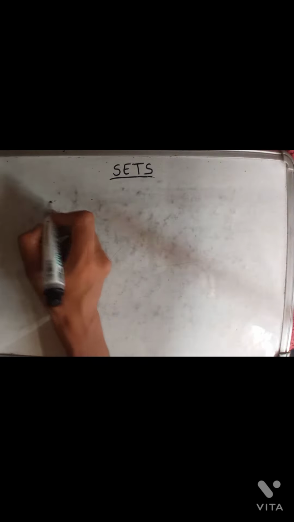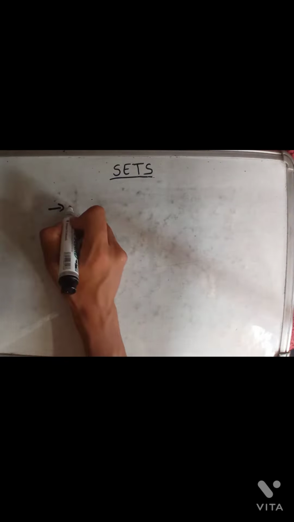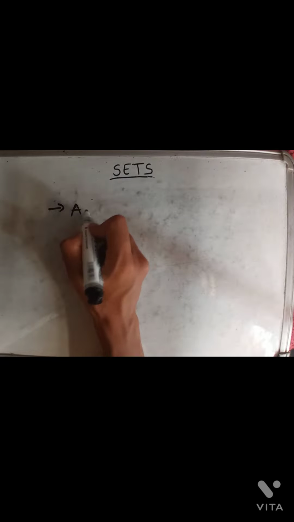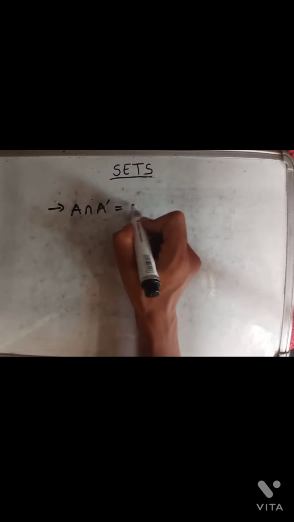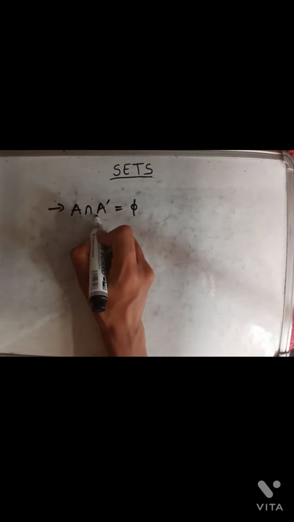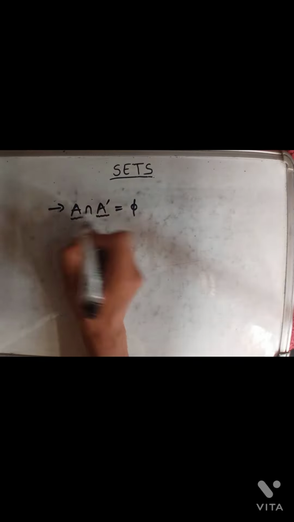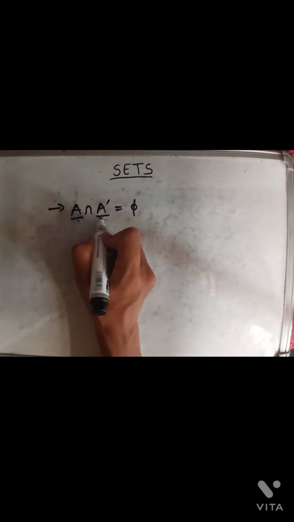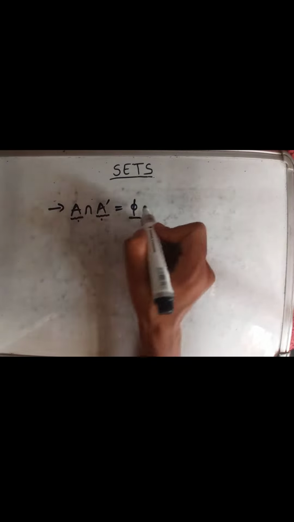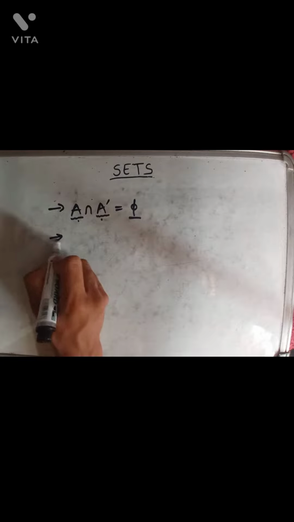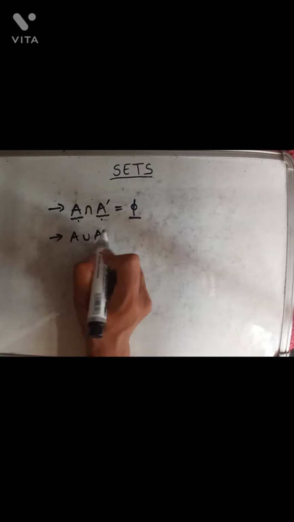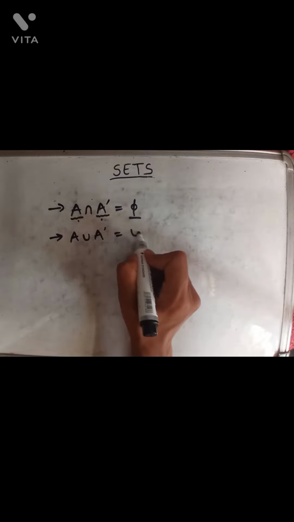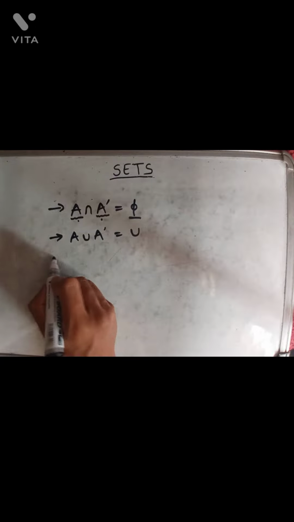Another thing to note is that A intersection A dash, where A dash represents all the elements which are not part of A, will be phi because no elements will be there. Then A union A dash means all the elements in the universe, so it will be equal to the universal set.